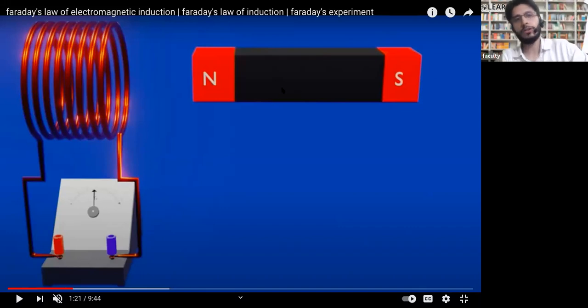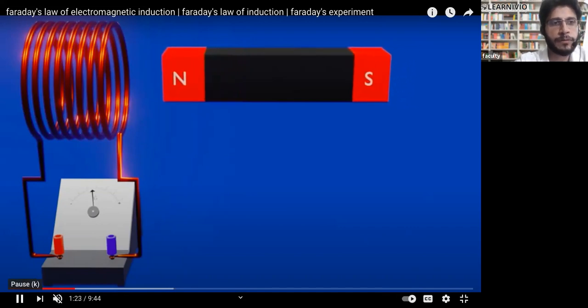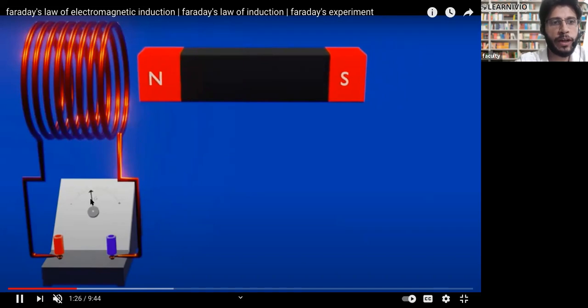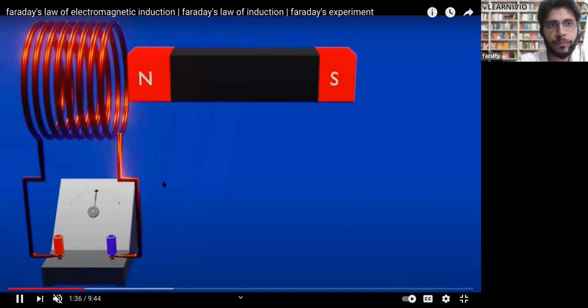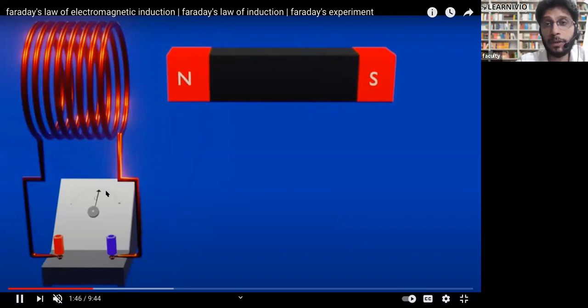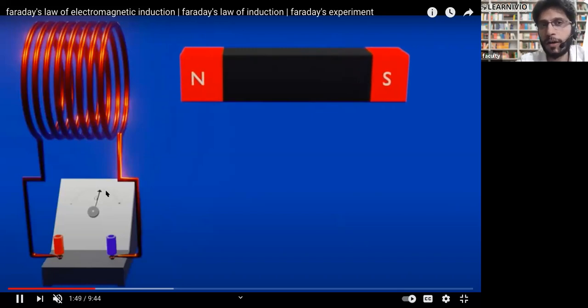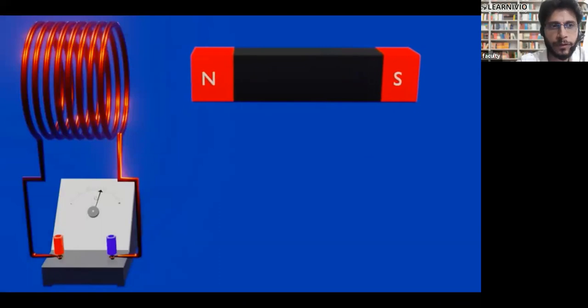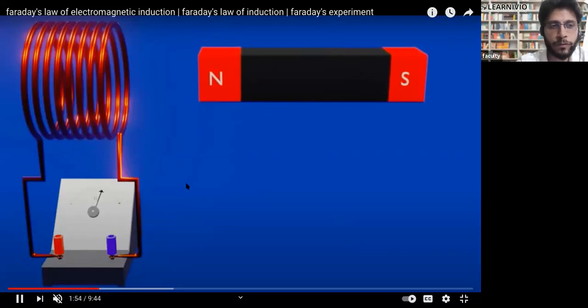The magnet is stationary, so there is no deflection in the galvanometer. Now see, this magnet is moving towards the coil and see the pointer of the galvanometer, it's deflecting. He makes this magnet stationary, the deflection is zero. Then he's again taking this magnet away from the coil. When he's taking this magnet away from the coil, see the deflection of the galvanometer. It's again deflecting, but in the opposite direction now. That means the direction of current has changed. So that's one experiment of Faraday.